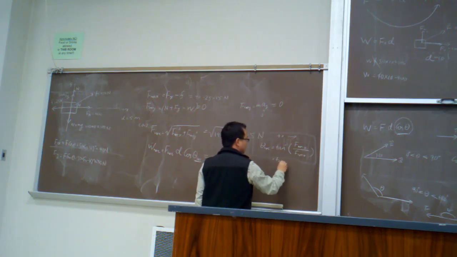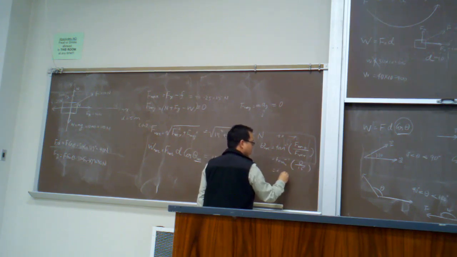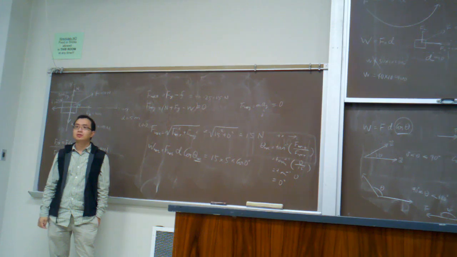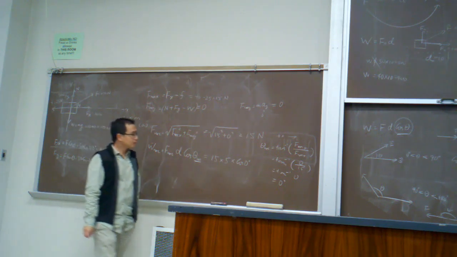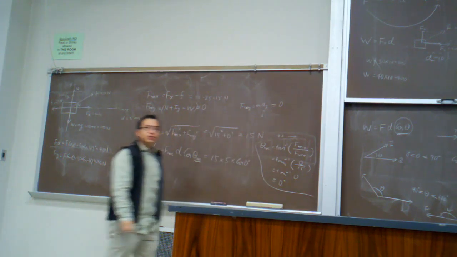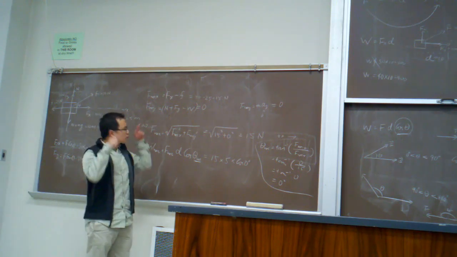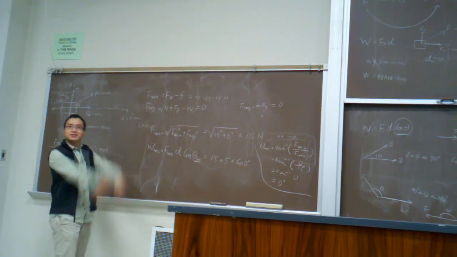You can see that this is 0 over 15. So inverse tangent of 0 is equal to 0 degrees. Any question here? If you are a mathematician, you probably want to do that, but because we are physicists, we can look at the graph to know it has to be 0 because they're in the same direction.